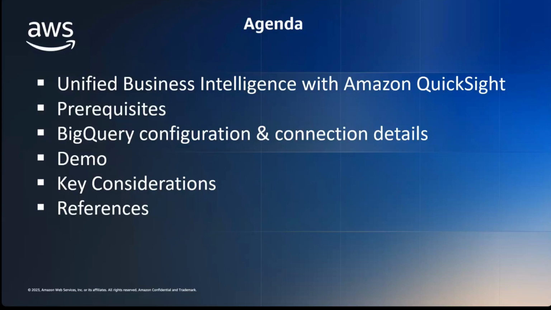We'll quickly take a look at the prerequisites that are required for connecting to Google BigQuery from Amazon QuickSight. We will also go through the BigQuery configuration and the connection details that are required. Then I will do an end-to-end demo of the complete solution that we have. Take a look at some key considerations. Okay, and towards the end, I'll provide you some references that you can use after this webinar also.